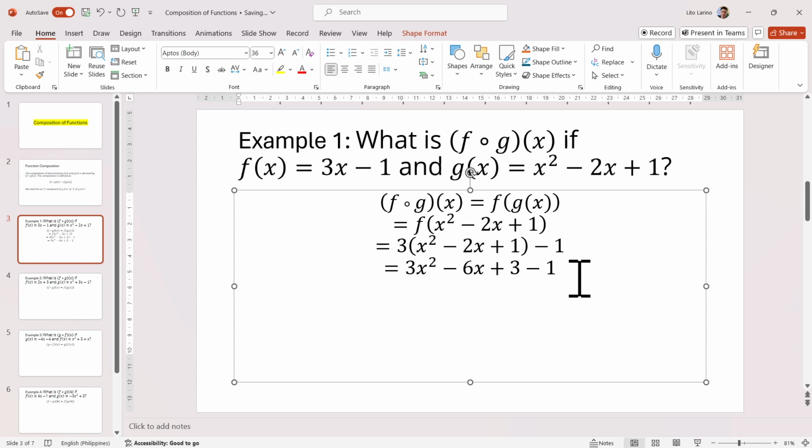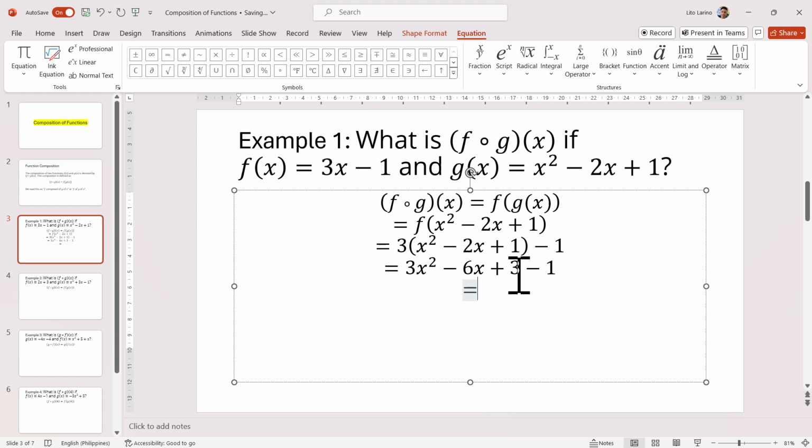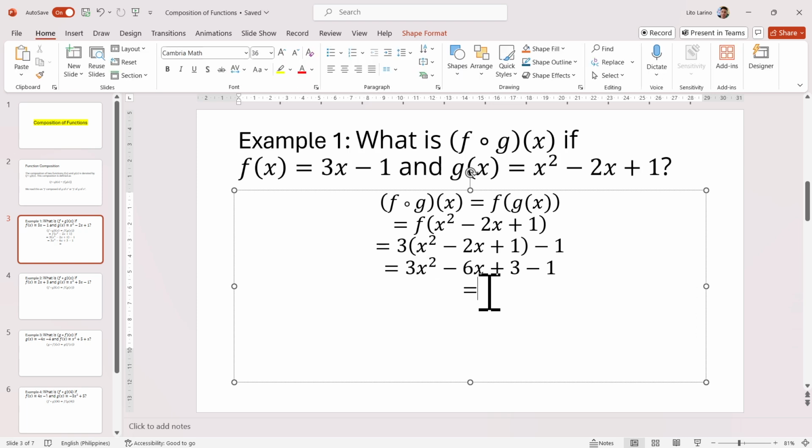We have 3x squared minus 6x. 3 minus 1 is 2. Therefore, f composed of g of x is equal to 3x squared minus 6x plus 2.